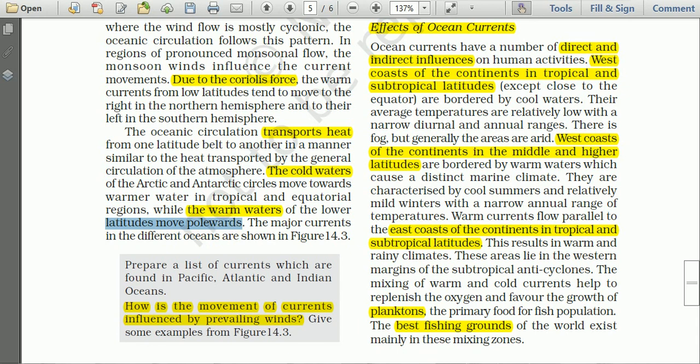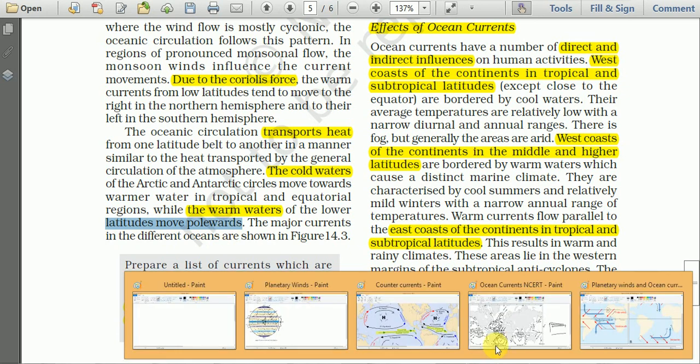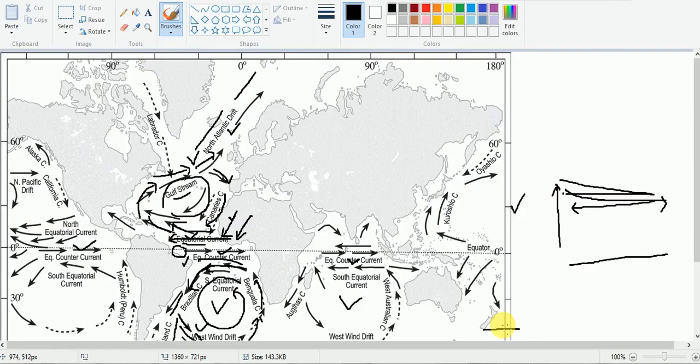Just here let me tell you. Ocean currents flowing here are warm currents.